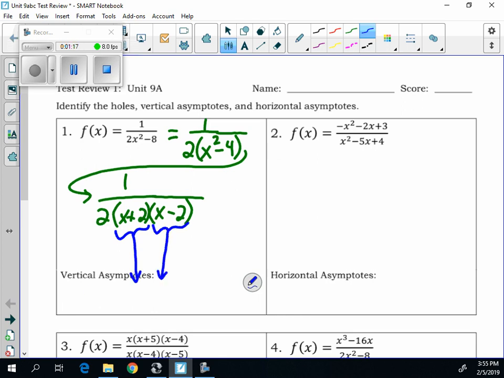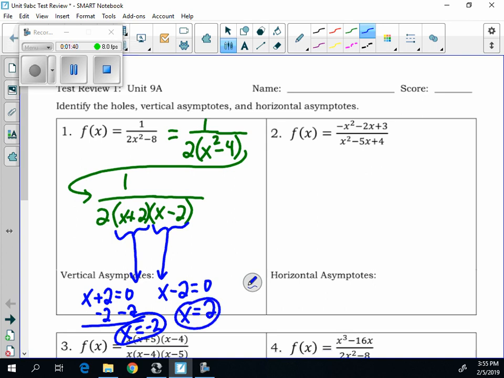Set them both equal to 0. x plus 2 equals 0, x minus 2 equals 0. Solve both of them. Subtract 2 and you get x equals negative 2 as the vertical asymptote. For the right one, you add 2, and you get x equals positive 2. So both of those are your vertical asymptotes.